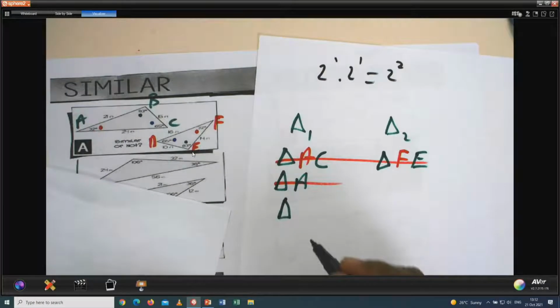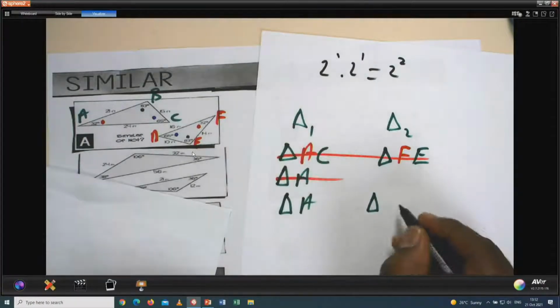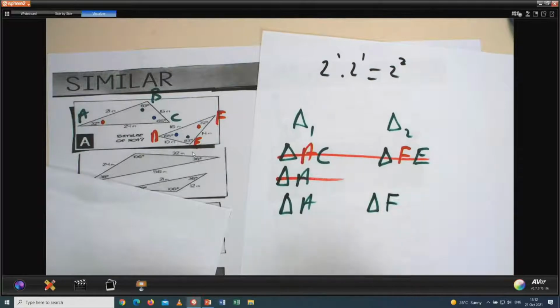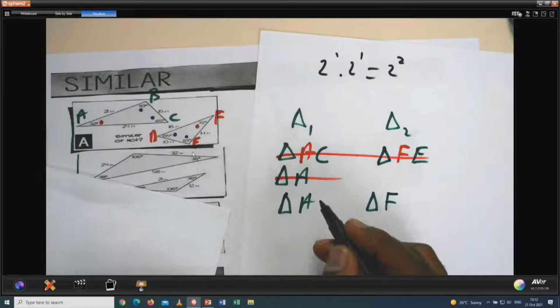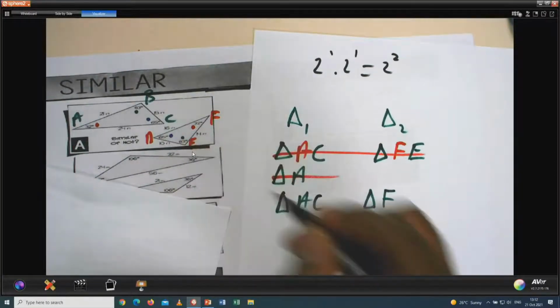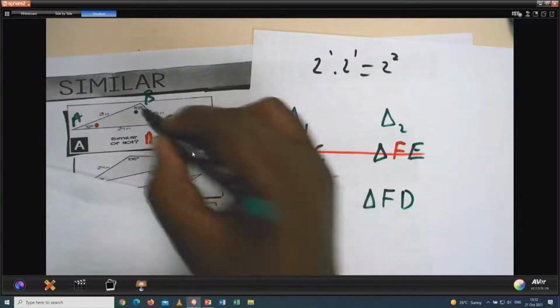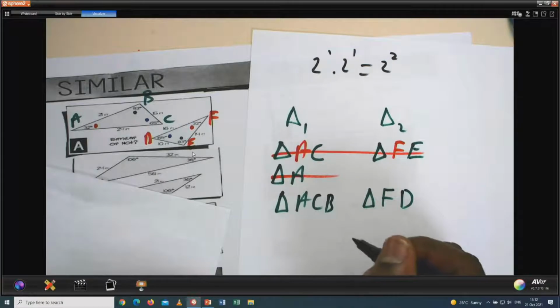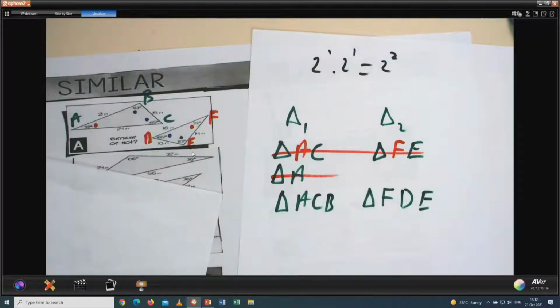Red on this side is A. Red on this side is F. Blue on this side is C. Blue on this side is D. Green on this side is B. Green on this side is E. That order is very important.